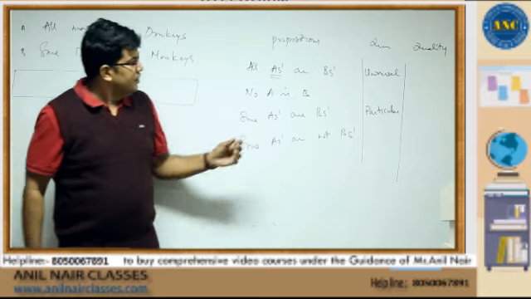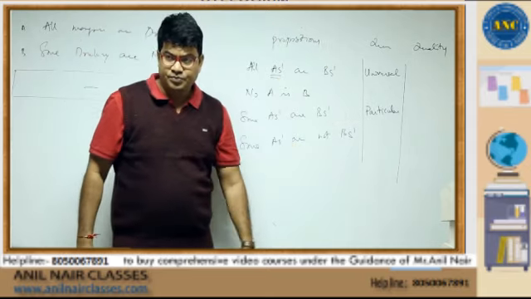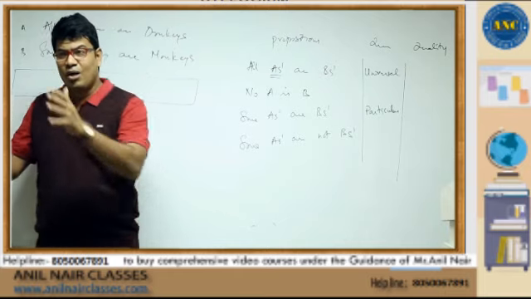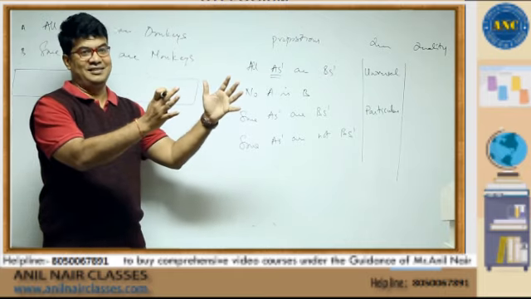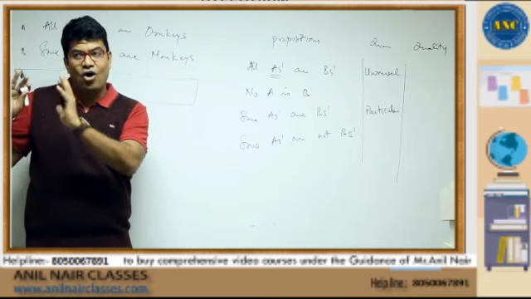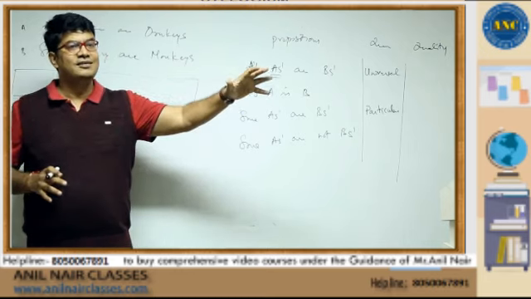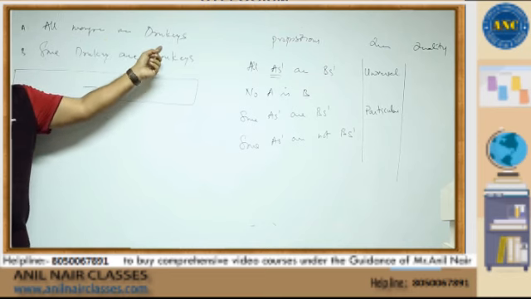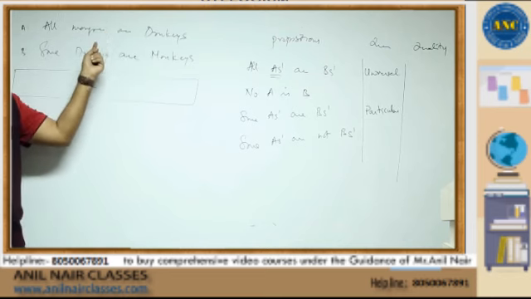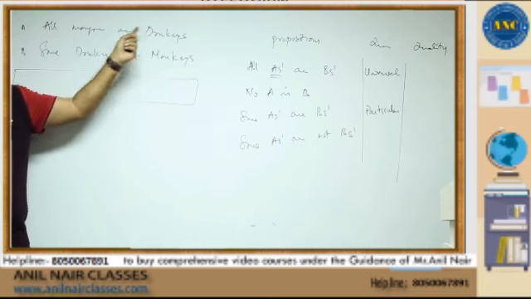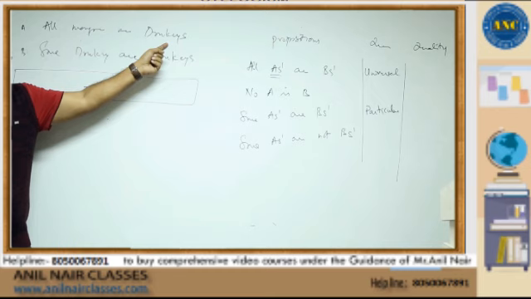Now the second thing is quality. What is the quality here? When someone says all monkeys are donkeys, can I say we are confirming that all monkeys are donkeys? When I say something like all mangoes are donkeys, I'm affirming that these mangoes are donkeys. Yes or no? Yes.